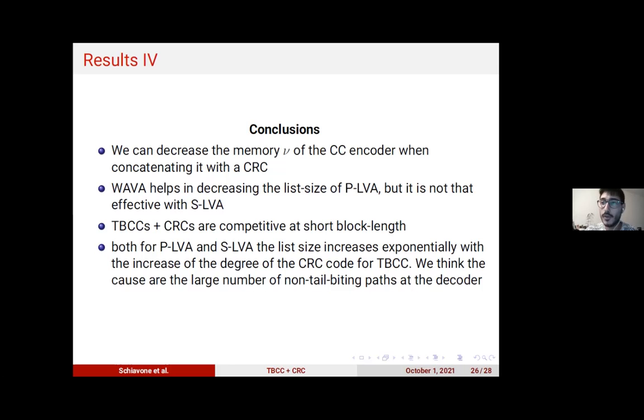But you can also find, for instance, with the serial list Viterbi algorithm, Rick and Ethan published the undetected error probabilities of these codes in some of their papers.